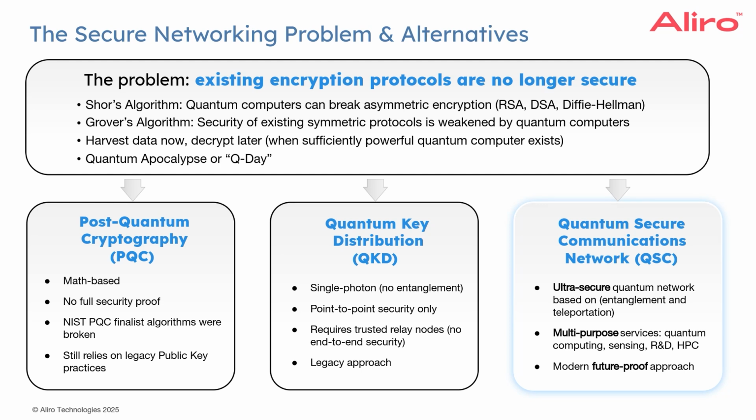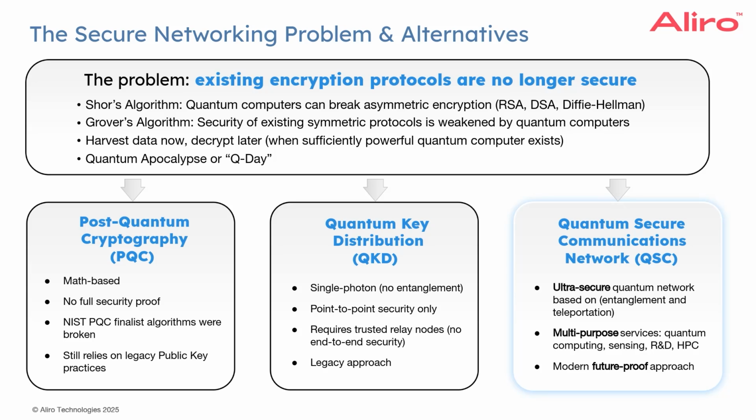The one I'll talk about first is in the middle, and you may have heard of this, quantum key distribution, which is abbreviated QKD. This has been around for more than a decade. It has never caught on because it's got some limitations that are pretty serious.